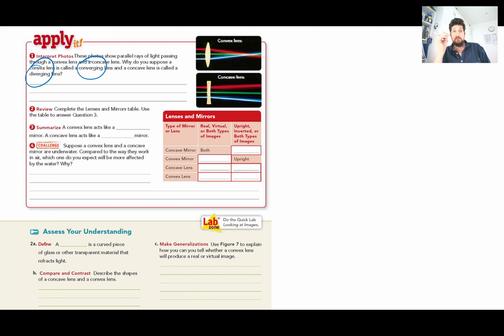Converging means they are coming closer together. Diverging means they are going further apart. Don't divert away from the topic. It means don't go further away from what we're talking about. Let's converge onto a conclusion. Let's come together and focus onto something.